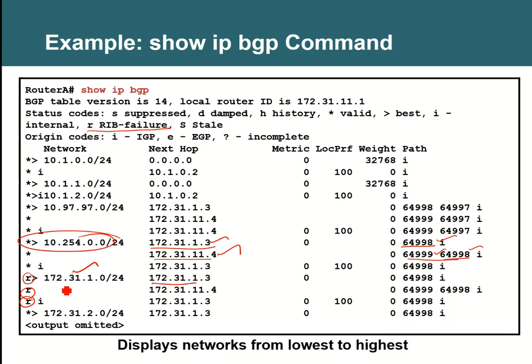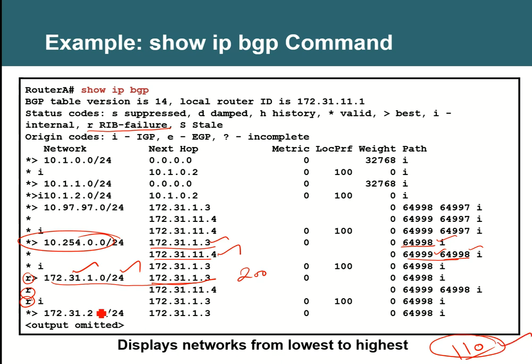Say, for example, if I am learning from an IBGP, administrative distance will be 200. Now, if the same network is given by OSPF, administrative distance will be 110. Which one will the router follow? Router will follow OSPF. Why? Administrative distance lower is better.